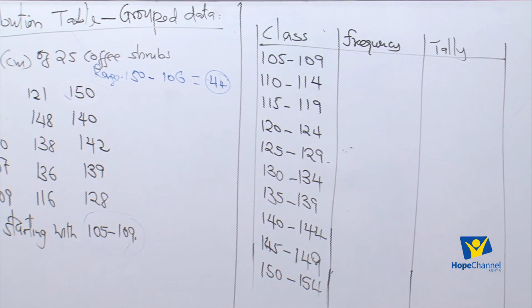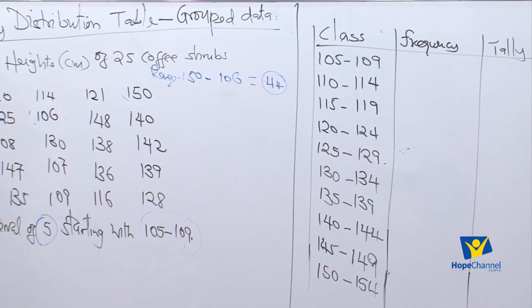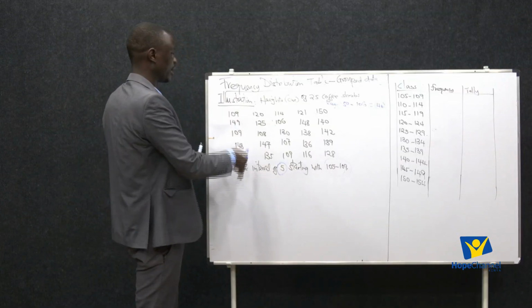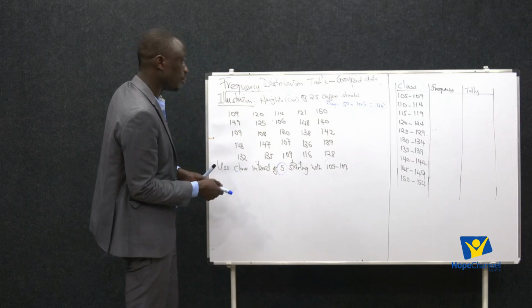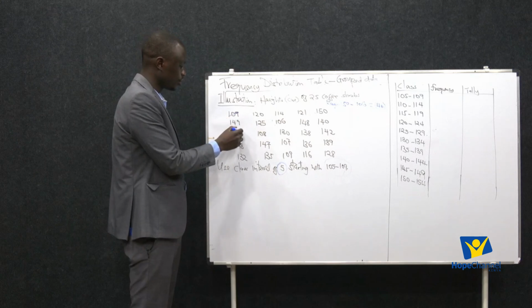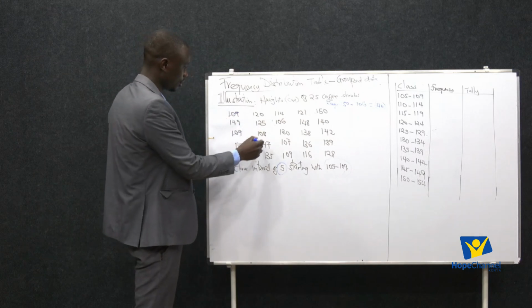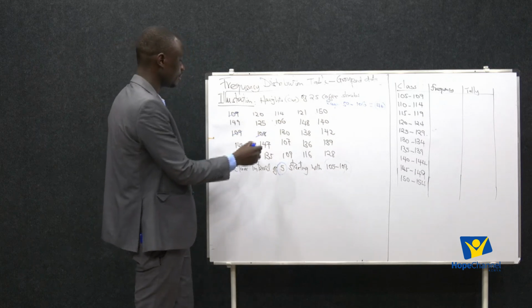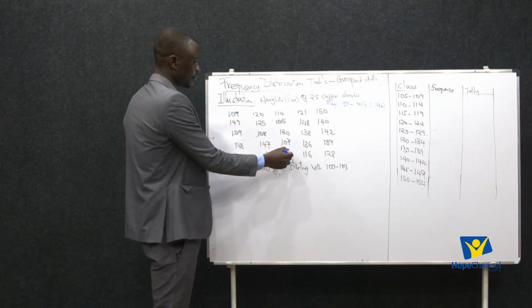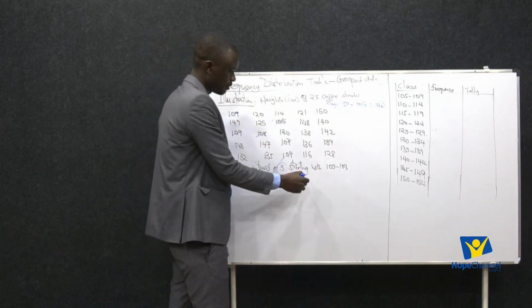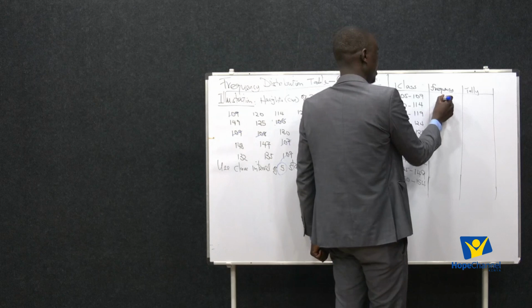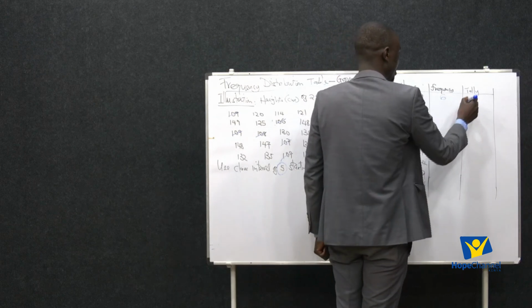So maybe I can go column wise to make it more visible. This is 1, 2, 3, 4, 5, 6. I think that is it. So the frequency here is 6.